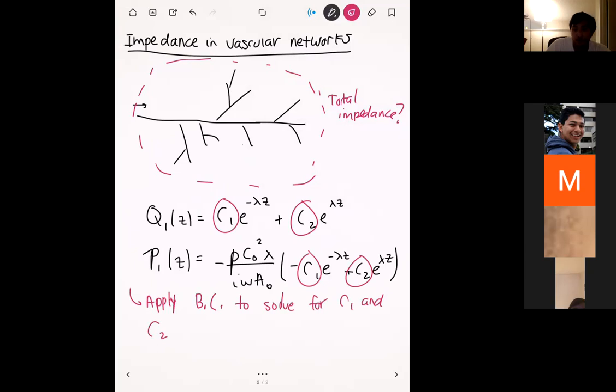And so our two boundary conditions were one, that we knew the flow at the inlet, and so we said that Q1 of 0 is equal to Q naught. And two, we're going to assume that we know the impedance at the outlet.